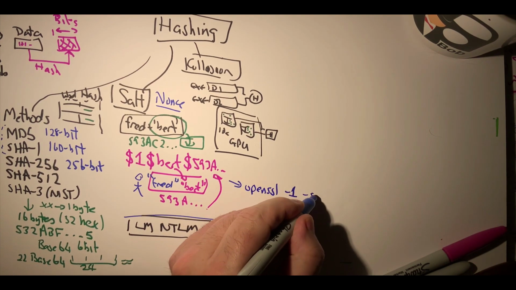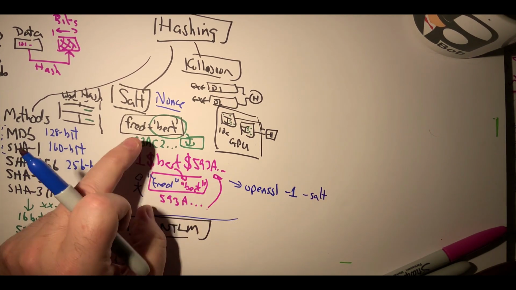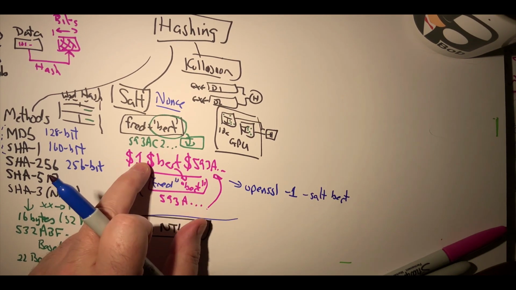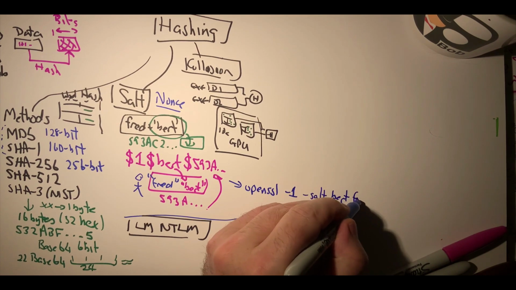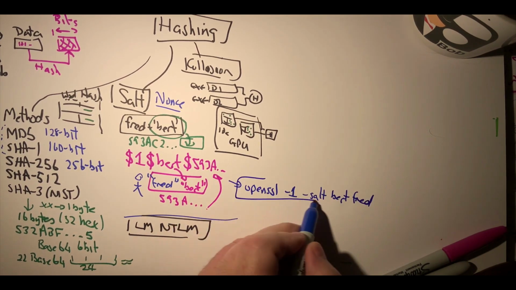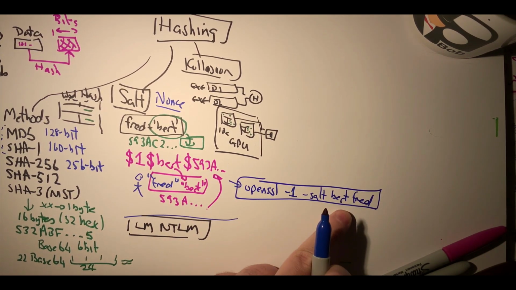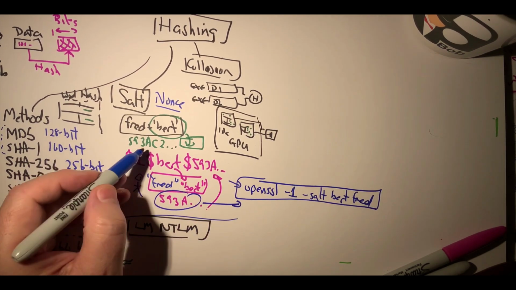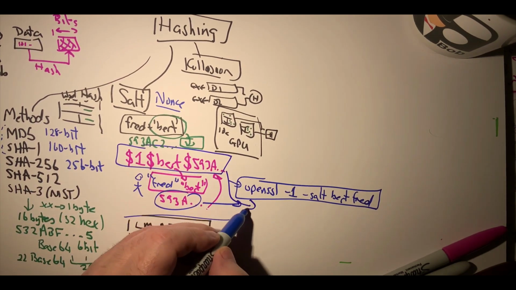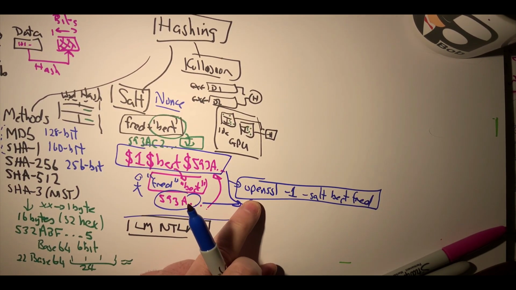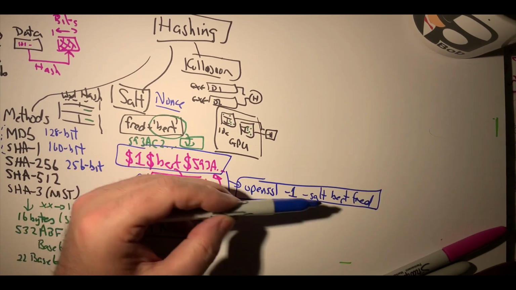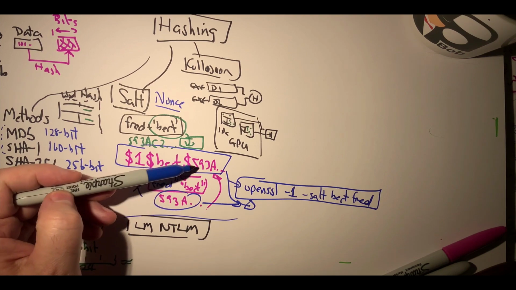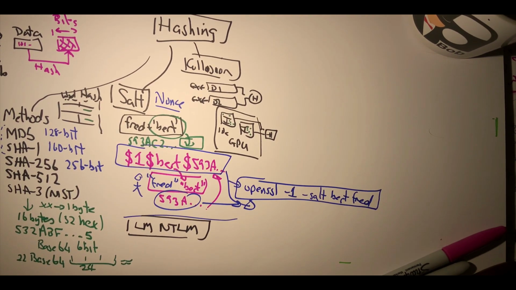We will then do -salt and enter the salt value, and then at the end we'll add in Fred. So this would be the command we would enter in OpenSSL, and then hopefully what we'll get as a result is this output here. So this is one way that we can actually check our salt value and our password, and then check the hash that we actually have.